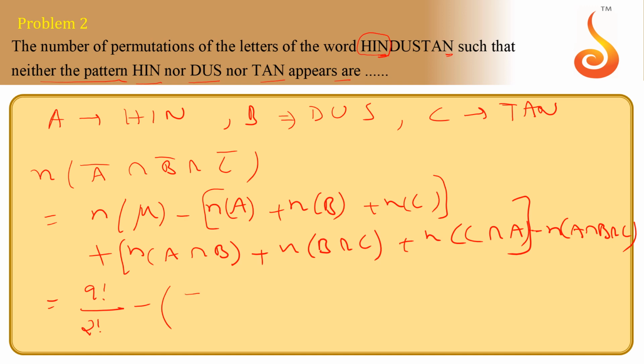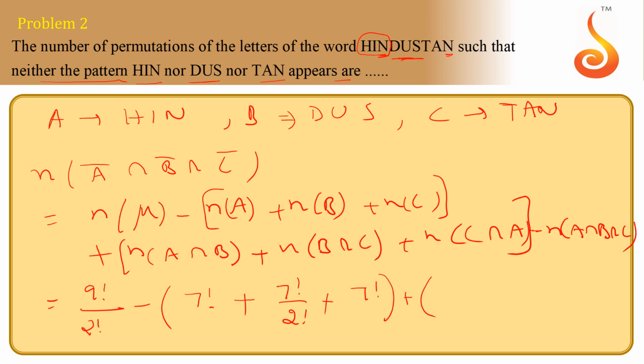These 7 units can be arranged in 7 factorial ways, because the 2 N's are not there now, as HIN is taken as 1 unit. Plus n of B. n of B means DUS. If DUS is treated as 1 unit, the remaining 3 plus 3 is 6 plus this one is 7, but in these 7, N's are there to repeat. Then TAN, again same 7 factorial.